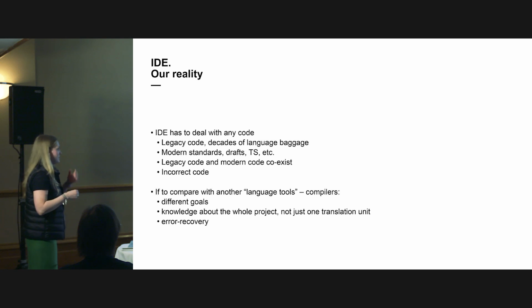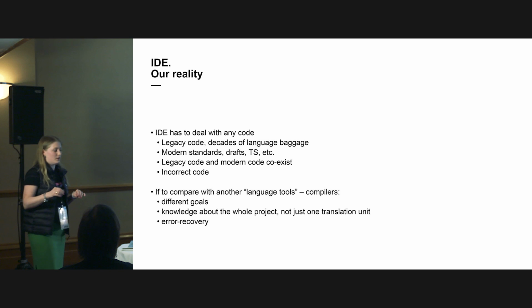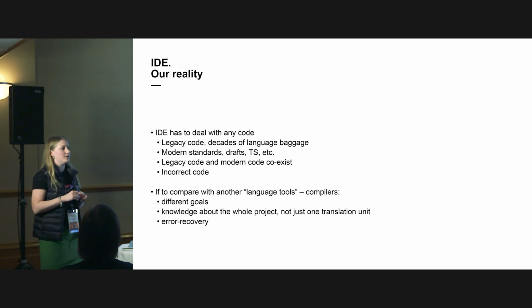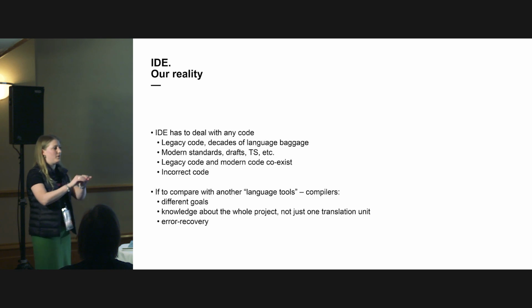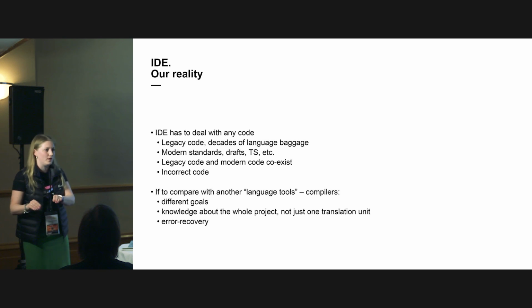And here is a very important point, because the tool that IDEs are quite often compared to is a compiler. It's true that they have lots of things in common. But actually, they are different because they have different goals. The compiler needs to compile your code to provide the output that you can run.